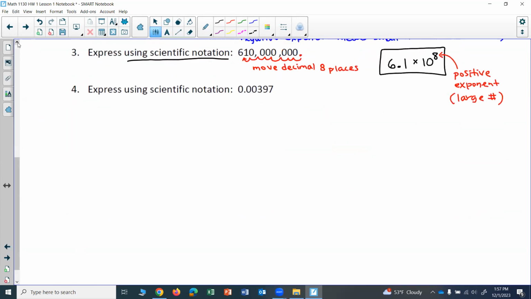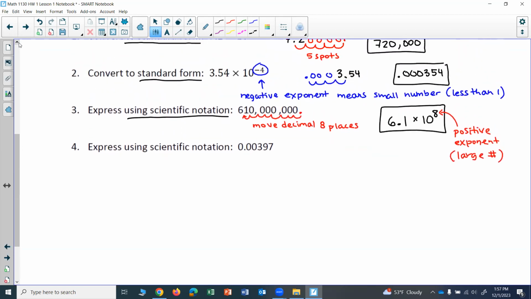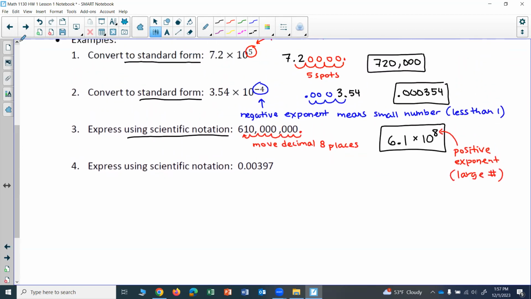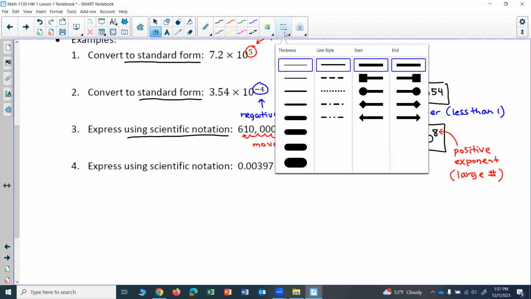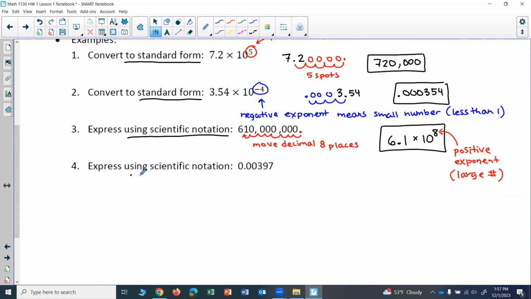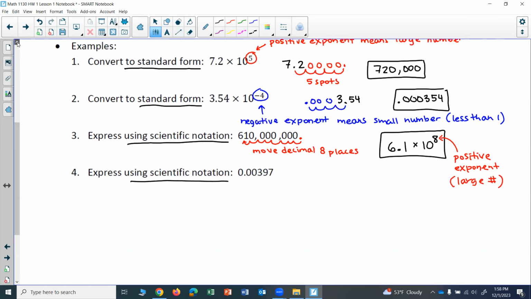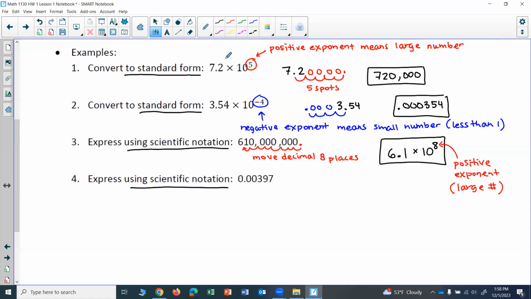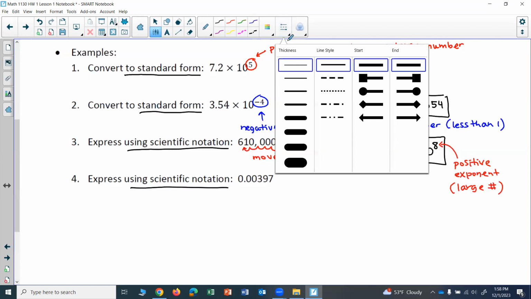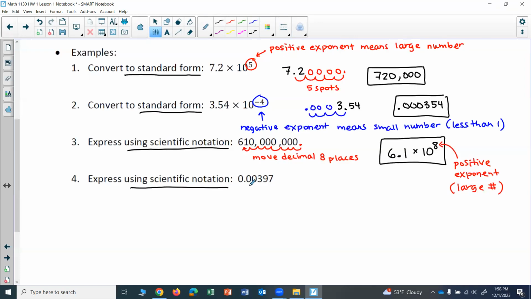All right, now let's look at this last one. I have a small number, and I'm trying to convert to scientific notation. Okay, so express using scientific notation 0.00397. And what I want to do is get only one non-zero digit before the decimal place.